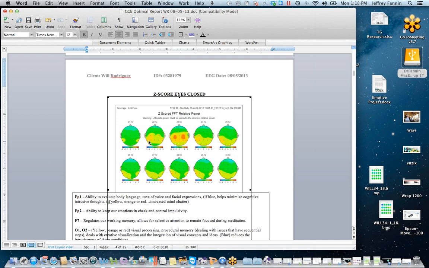The C3 deals with sensory motor activity, but the P3 deals with how we organize information and self boundaries, and can also deal with a little bit of mind chatter. So these two frequencies, that's what a lot of that's dealing with.